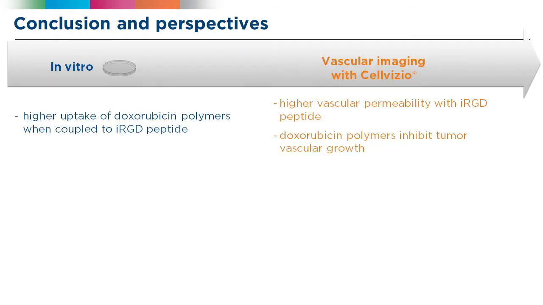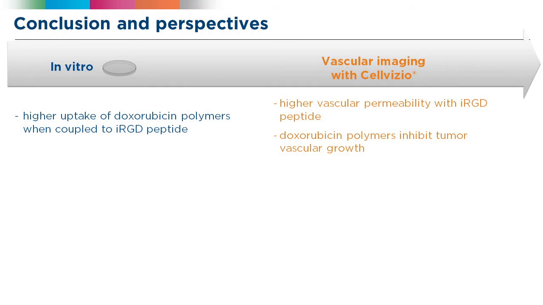So to conclude with this study, the authors have shown using an in vitro experiment that there was a higher uptake of doxorubicin polymers when those polymers were coupled to IRGD peptide.